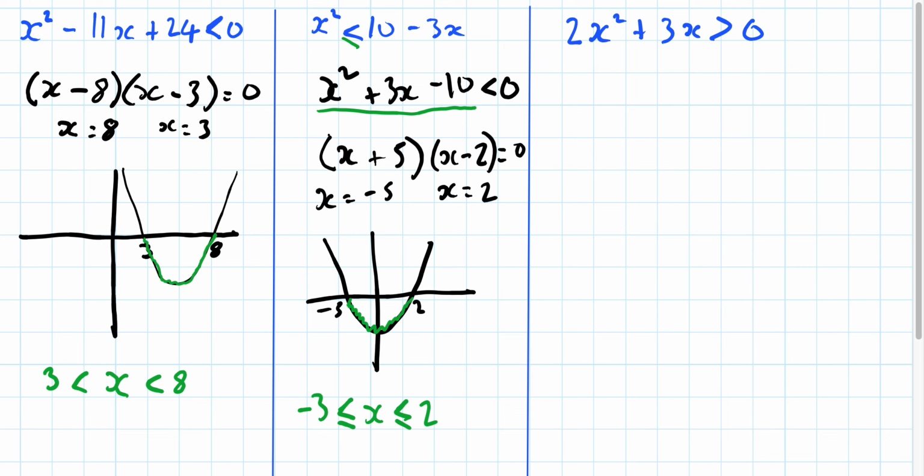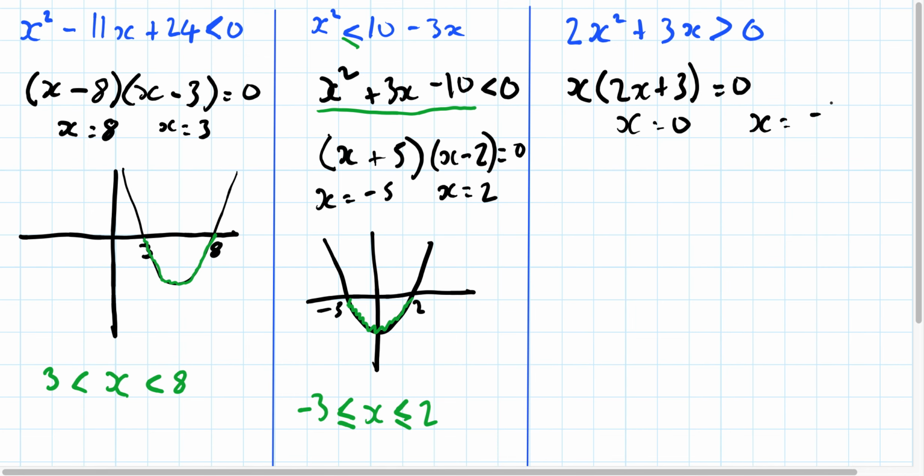Okay, and the last one here, I can straight factorize this. So I'm going to take out x. I'm left with 2x plus 3 is equal to 0. Therefore x equals 0 and x equals minus 3 over 2, which is minus 1.5.